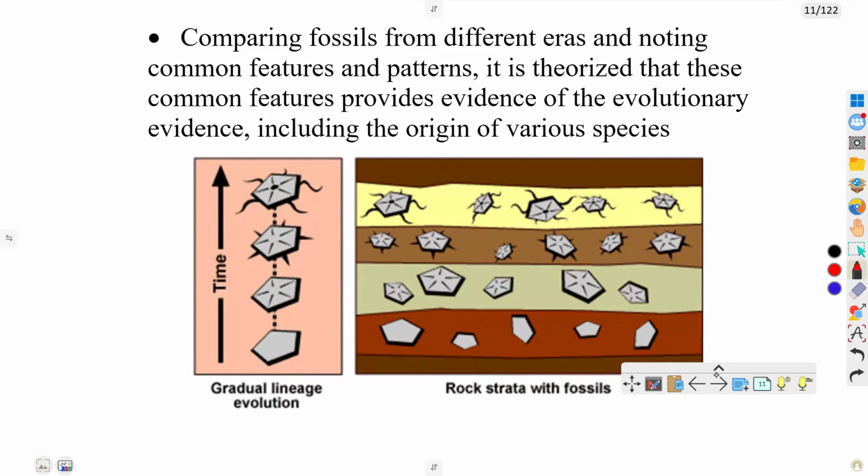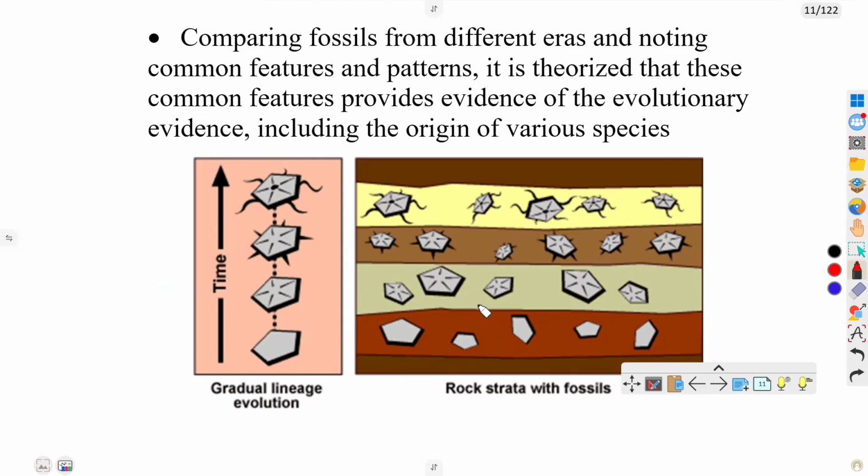Now, when we are looking at fossils from different eras, we note a lot of common features and patterns. And usually, we tend to see organisms start out being very simple, and they become more and more complex as we move through the eras. This is going to provide us some evidence of evolutionary change.